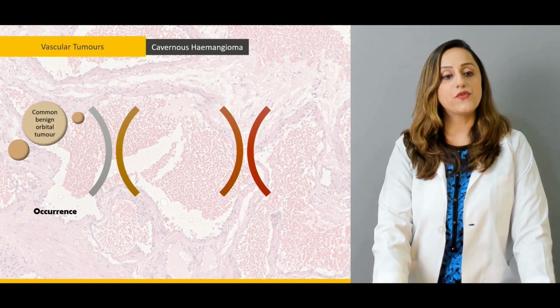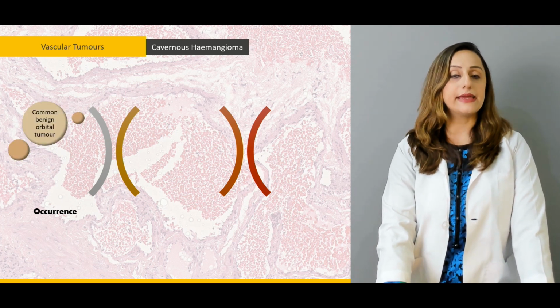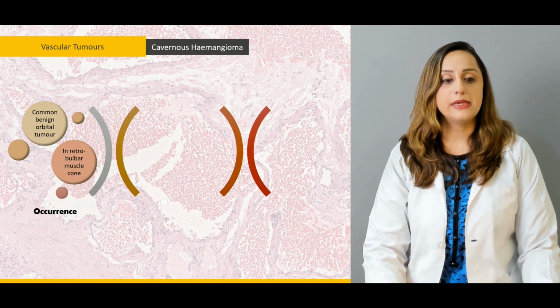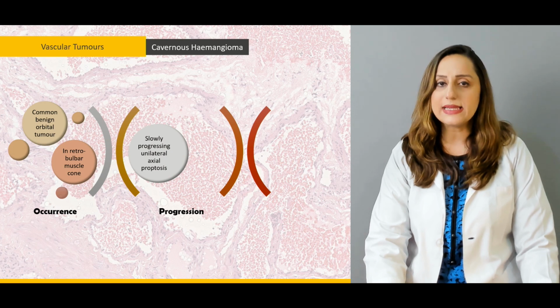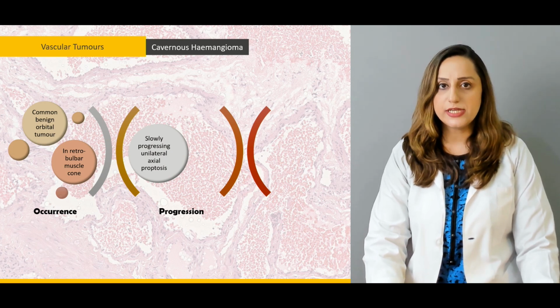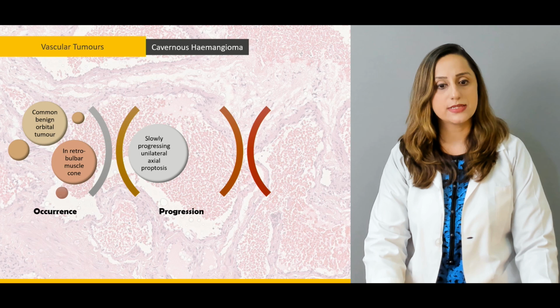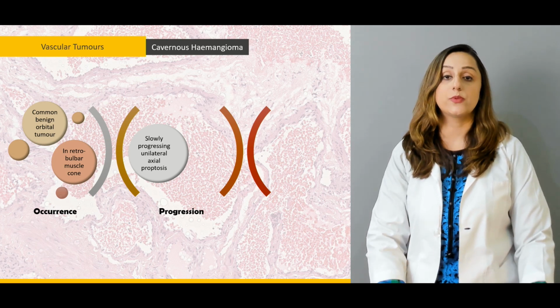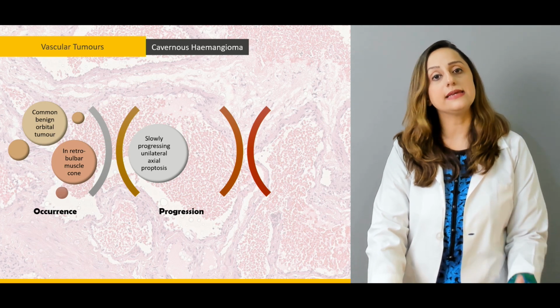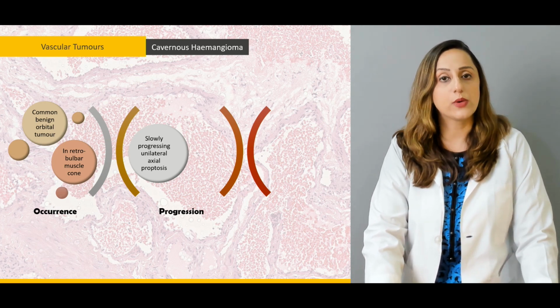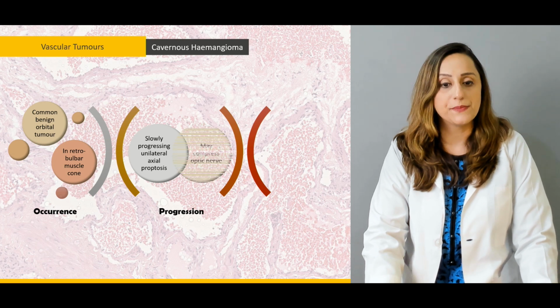The occurrence over here would be a common benign orbital tumor in the retrobulbar muscle cone. The progression would be quite slow. It is usually unilateral. Axial proptosis is seen in these individuals because any tumorous condition arising in the cavernous sinus is going to be located or situated in the apical cone.